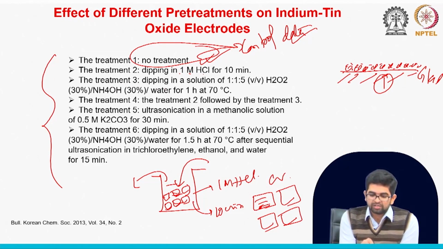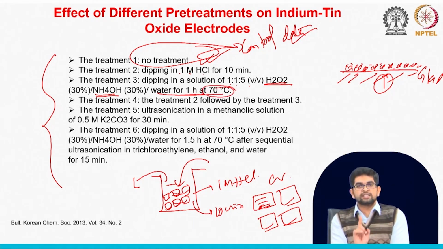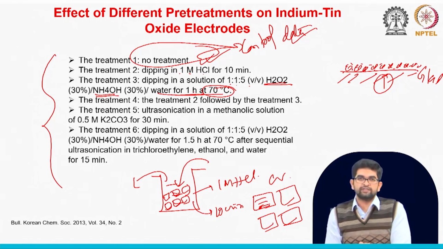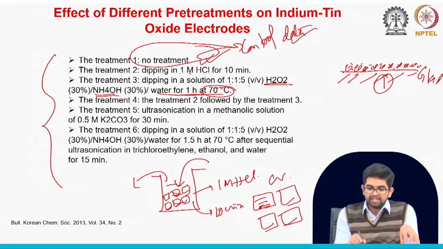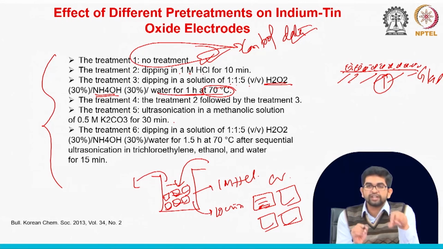Third method is the dipping is 1:1:5 hydrogen peroxide, ammonium hydroxide and water mixture, and we can heat this solution for 70 degrees Celsius. This cleaning method I already taught you at the very first class. So if we clean this surface by using this chemical, this is very, I mean you can say, very important treatment method.